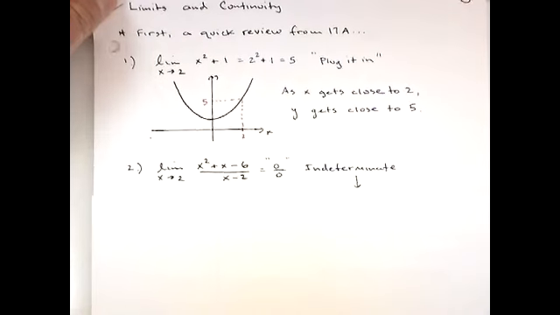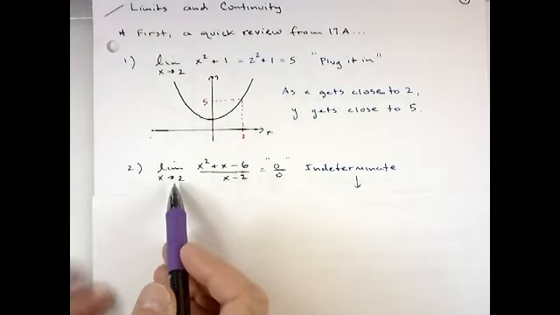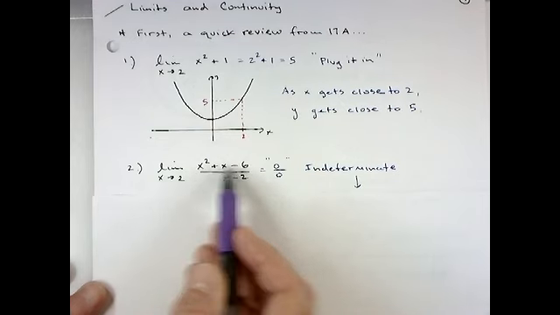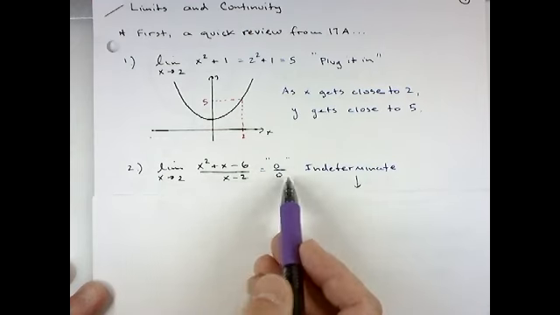Okay. Then we got into some more sophisticated limits where you try to plug in the number 2 in this case, and you end up getting 4 plus 2, 6 minus 6, which is 0, and 0 in the denominator.